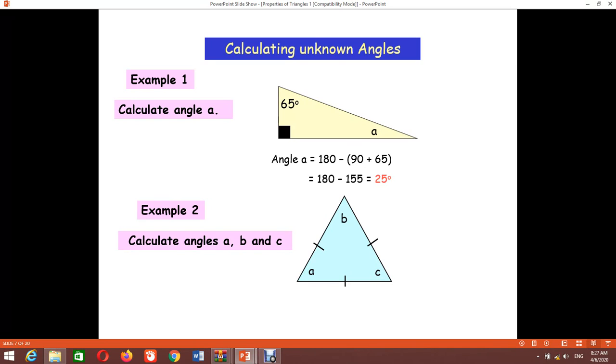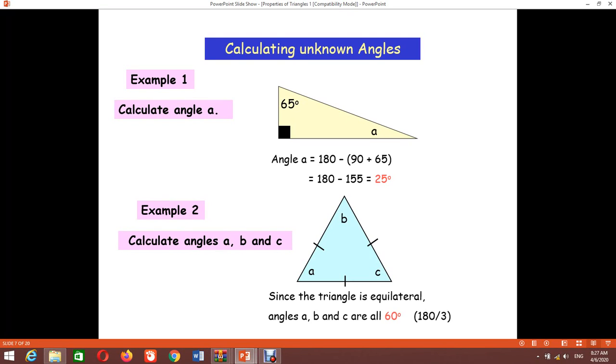The second example, we are asked to calculate angles A, B, and C. My fellow students, this is an equilateral triangle.